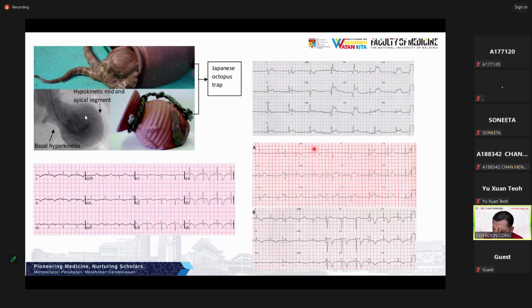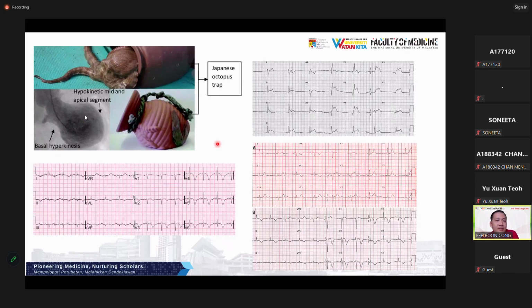Okay, next is your Takotsubo cardiomyopathy. I think this one we also recently discussed in the CME. Those of you who are in medical posting, you have seen this. Takotsubo means the LV function is actually impaired because the mid to apical segments are hypokinetic. So the appearance of the LV is like the Japanese octopus trap.